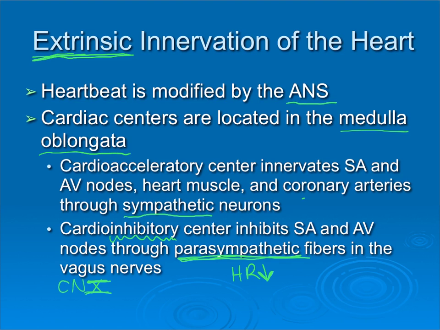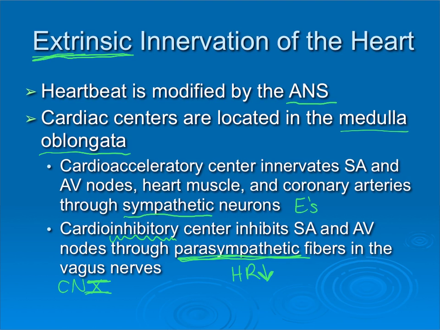When you want to speed up the heart rate, when you would be in sympathetic mode, so when you are in an E situation, an emergency, if you feel embarrassed, if you're excited, or if you're exercising, we would want to increase the amount of blood that the heart's pumping. So we would want to increase the rate at which it pumps.